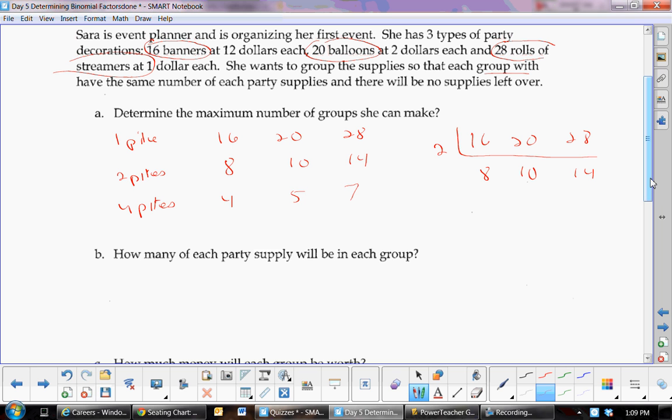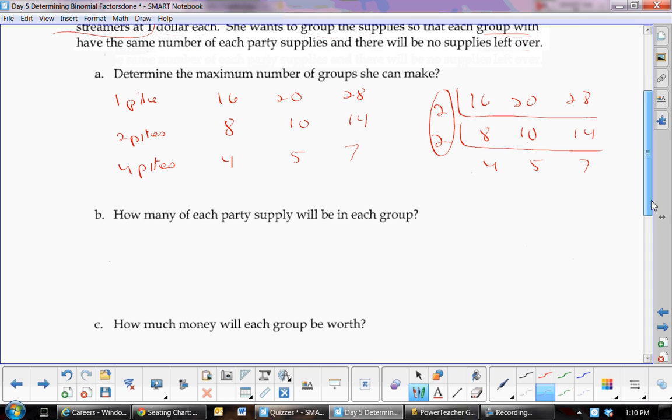That's if there's two piles. And that's if there is four piles. And they always tell you at the bottom. So that's our GCF chart again. Okay? So how many in each group? We got it right there.